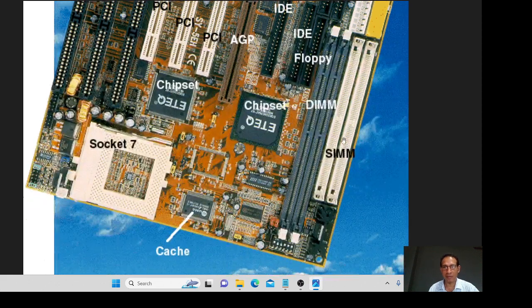DIMM, dual inline memory module, is the advanced memory type that is still being used for the RAM slots, the RAM cards.